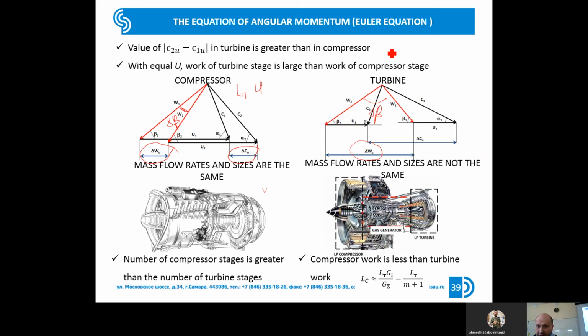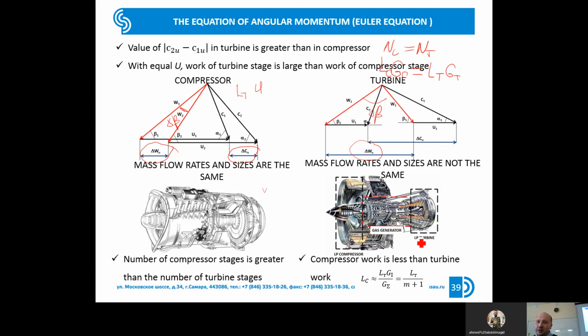So let's try to explain. If we connect the compressor and the turbine, it means that the power of the compressor is equal to the power of the turbine. Of course, we have some losses between them, but we will neglect them. We could write the power as the specific work of the compressor multiplied by the mass flow rate through the compressor, and the same for the turbine: specific work of the turbine and mass flow rate through the turbine.